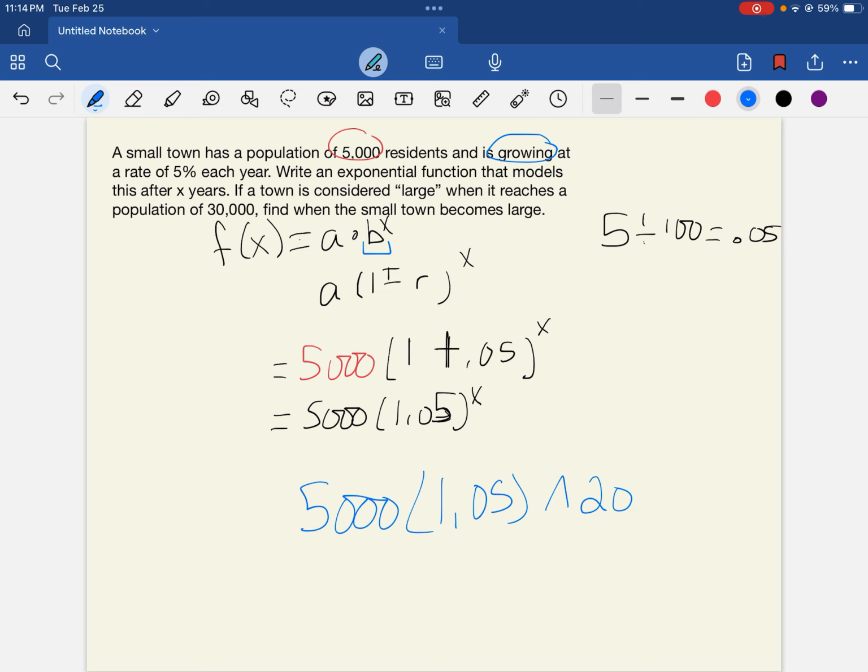So then I would guess a bigger number. If I guessed 50, I'd overshoot it, and then I'd have to keep guessing and checking until I found the closest value I could get. Now, the break point from when the town goes from below 30,000 to above 30,000 is between years 36 and 37.